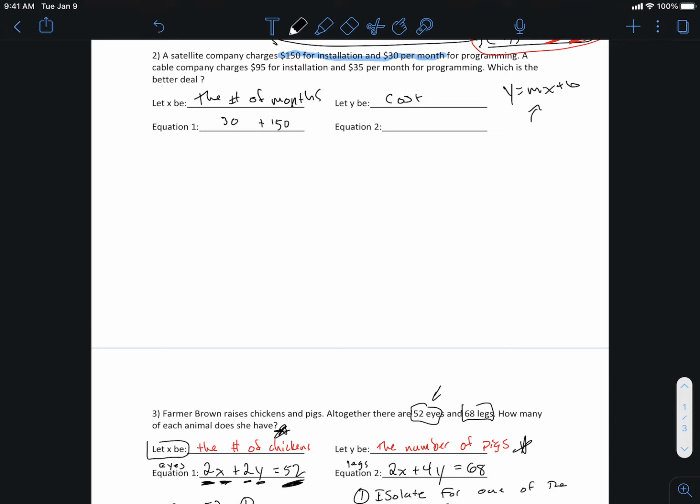How much you pay depends on how long you're in the commitment, X. X represents the number of months. Then your cost is Y equals 30X plus 150. That's your equation. Now we're going to do this exact same thing for the other company. It's going to look identical. You take your starting value, the installation fee, and that's going to be on the end, and it's 35X.